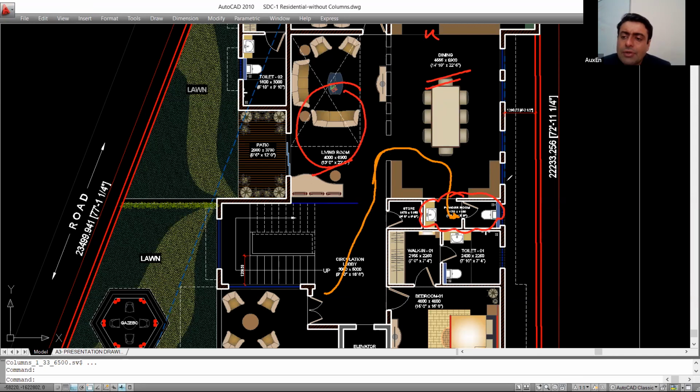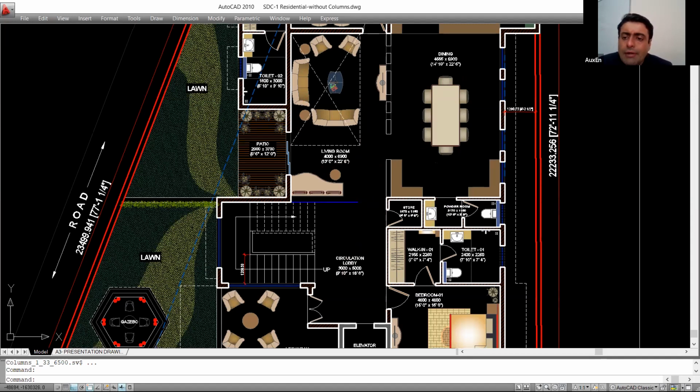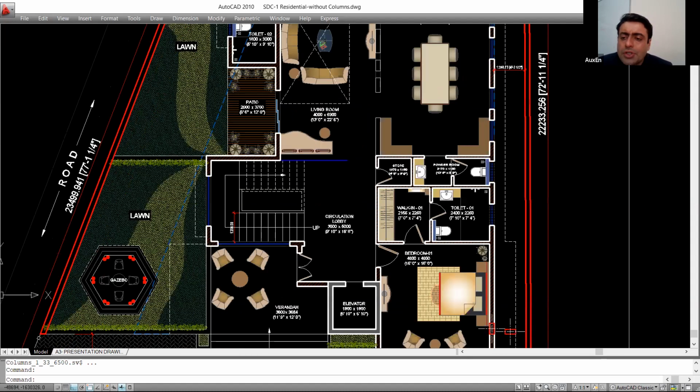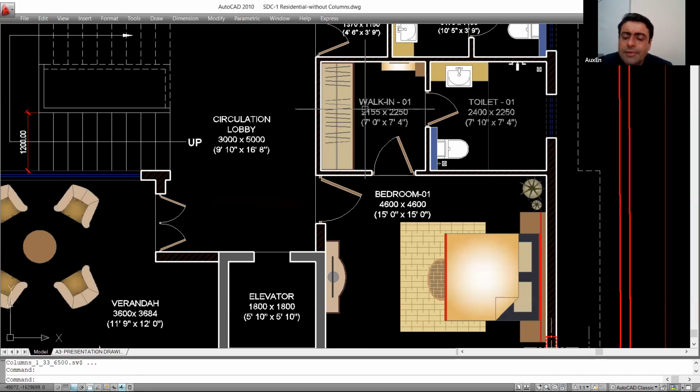Shruti is saying the entrance for the toilet could be from the bedroom directly instead of the walk-in. No, the walk-in closet is a requirement of clients these days, because nobody wants the closet to be separate from their toilet. Everybody wants this walk-in closet these days, isn't it?